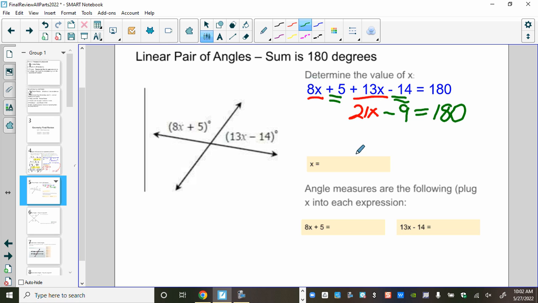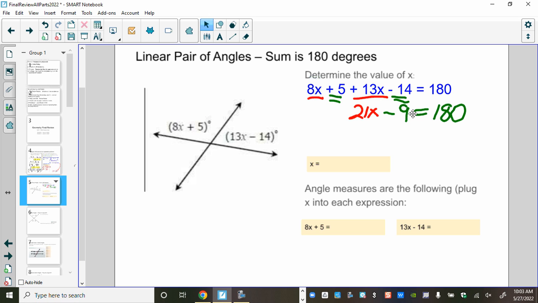And then you should be able to solve for x at this point. I think this one might come out as a decimal. Hold on, maybe not. Okay, relieved. So 21x minus 9 equals 180.